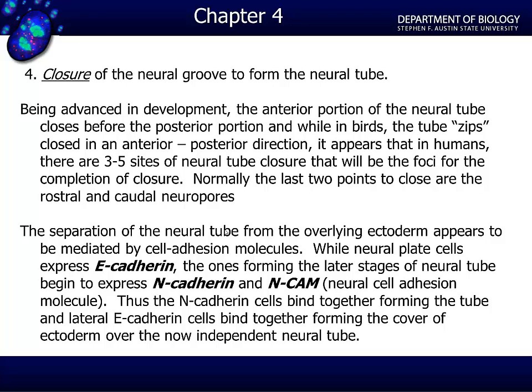Now, this closure point that happens, we've got the hinge points bringing everything together. Well, the fusion, in our video, it looks like it happens in the middle and zips up and down. And for some species, that is in fact the case.